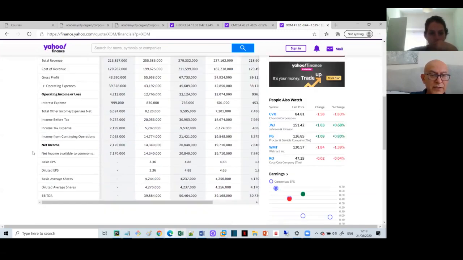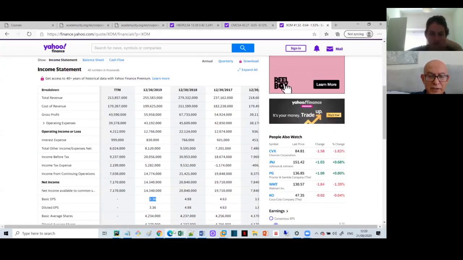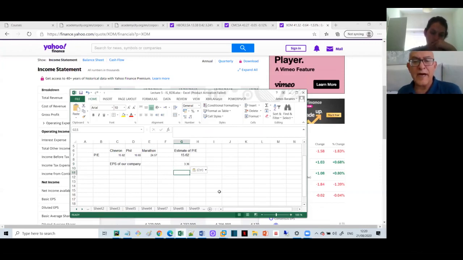So we need earning per share. This column, is that right? 3.36. Make sure again that I'm in the right column. Yeah, I'm in the right column. So let's go back to our Excel. We're plugging this number here. And now we're supposed to do our estimate of price.